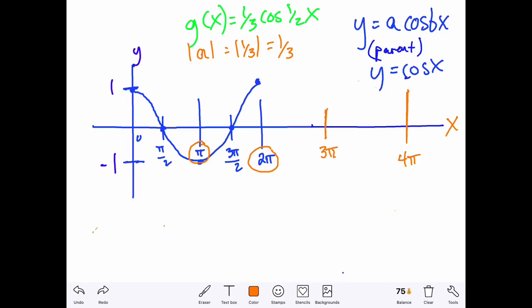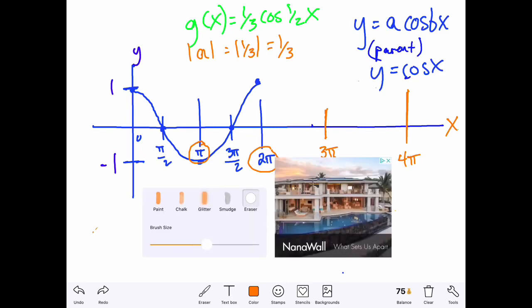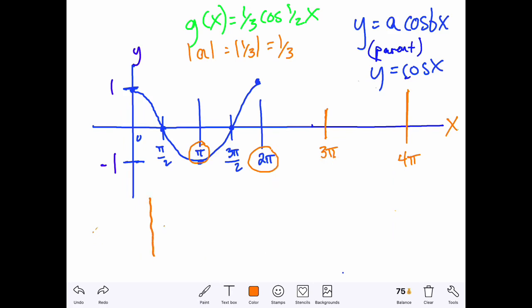Okay, so let's make an XY table. And let's do our values here: 0, pi, 2 pi, 3 pi, and then of course 4 pi.